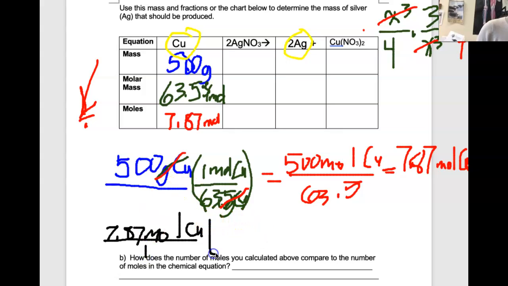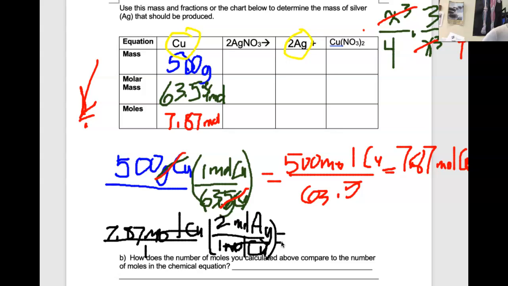That 1 is just a placekeeper, not used for anything else. Our balanced equation tells us that 2 moles of silver is equal to 1 mole of copper. Your moles of copper now will cancel out or diagonally drop. And so you're left with 7.87 times 2.